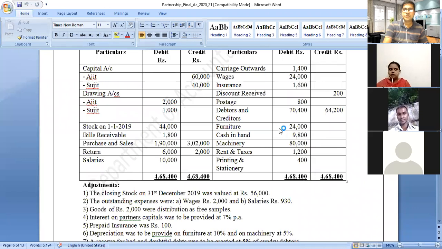Less from furniture, 24,000 minus 2,400, and machinery on the balance sheet asset side, again 80,000 minus 4,000. The rest of the value we have to put in the outer column. Okay, I hope you understood the two effects of depreciation. It is not difficult, you already studied, and this problem is a revision.